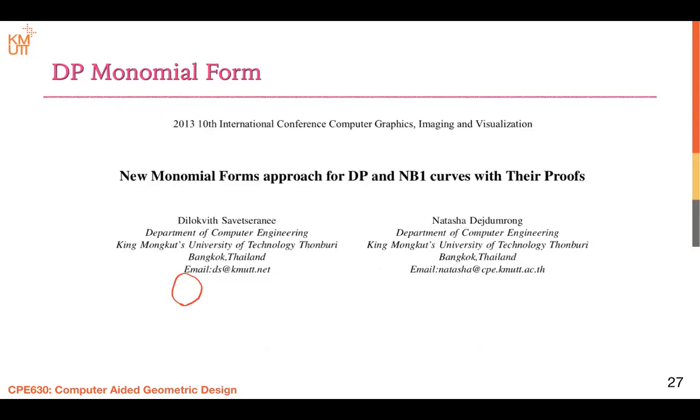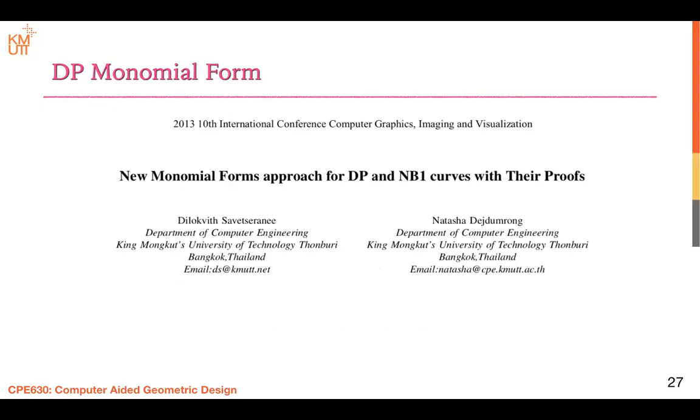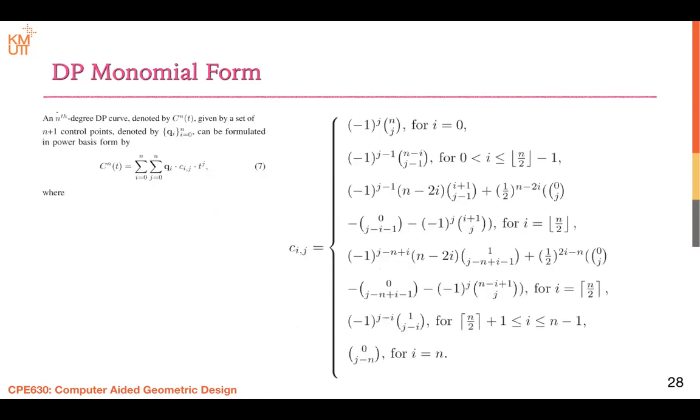In this paper, we just show the formula, but in 2013, Delgado and I showed the monomial form of the DP and its proof. You can prove the DP monomial like this.